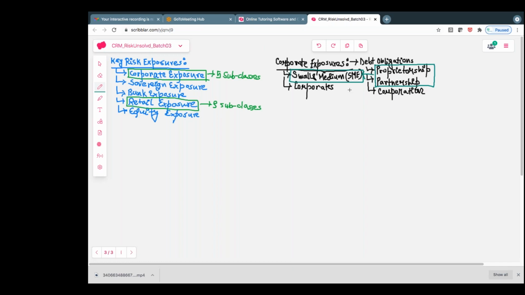Now the next part is the corporates or the corporations. So now the question is, how do you define the small and medium scale enterprises? So anything which is less than 50 million euro, which has 50 million euro of sale proceeds.